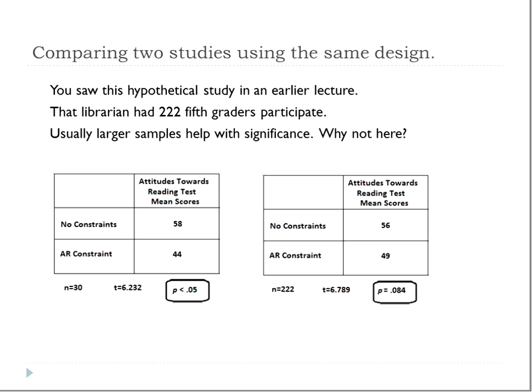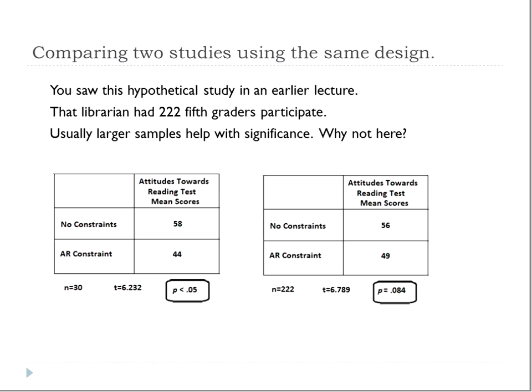Now, when you saw this hypothetical study in the earlier lecture, I made up an entirely different set of numbers. That librarian had 222 fifth graders participate. Usually larger samples will help with significance, but compare these two p-values.